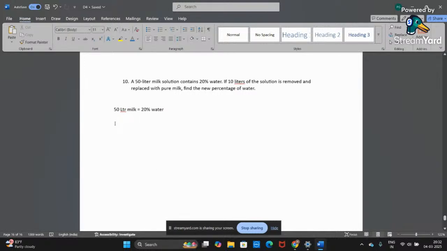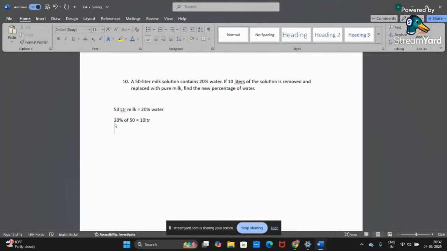So let's write it down. 20% of 50 liters, it is 10 liter. Water in the original mixture.